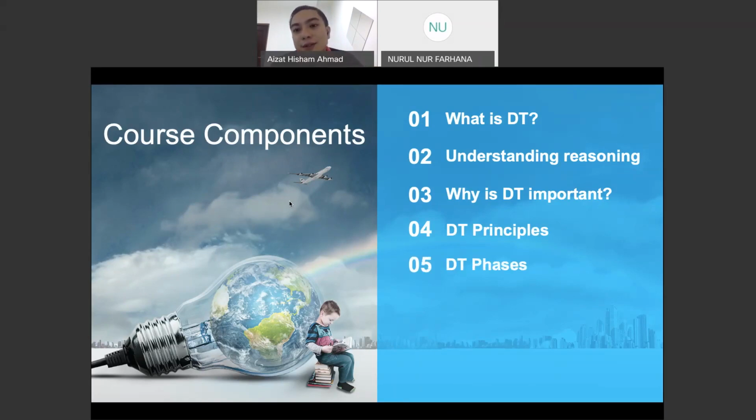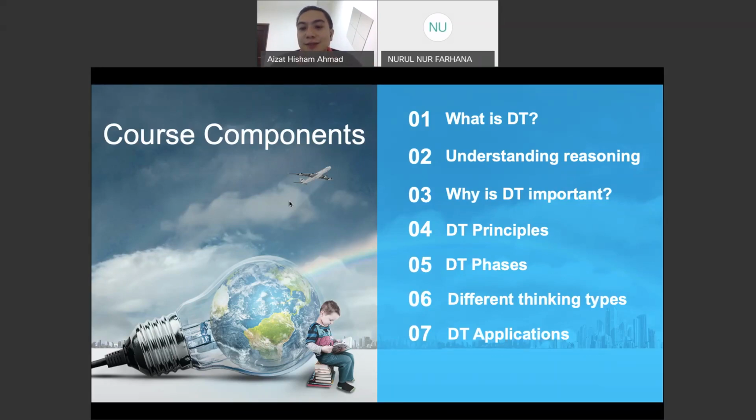When we already know the principles, we would go into the DT phases. Okay, there are a few phases which we will look at one by one. Okay, and then different thinking types and how these different thinking types are related back, or how they are implemented within design thinking.